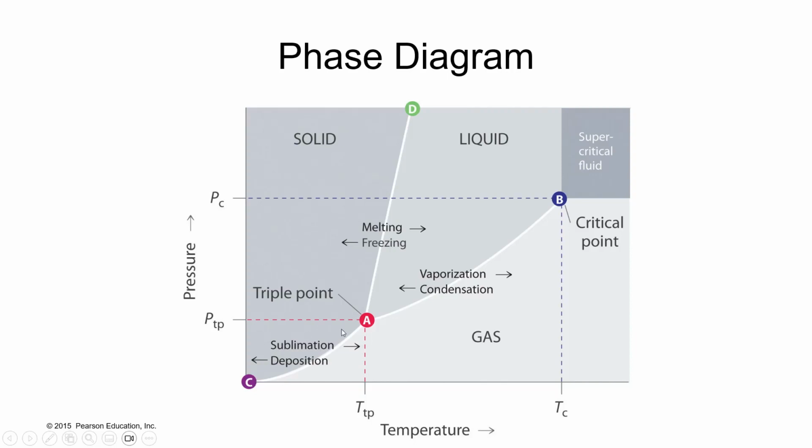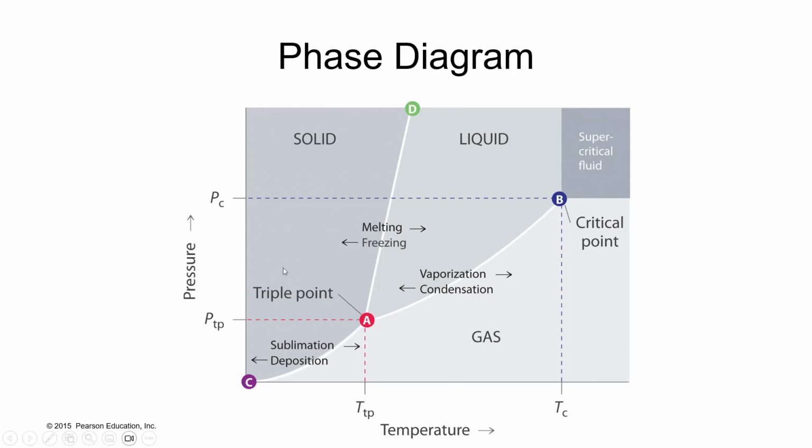When we see to the left of this line, the material is in its solid state. When we see to the right of this line, the material is in its gaseous state. And when we see in between these two, the material is in its liquid state.